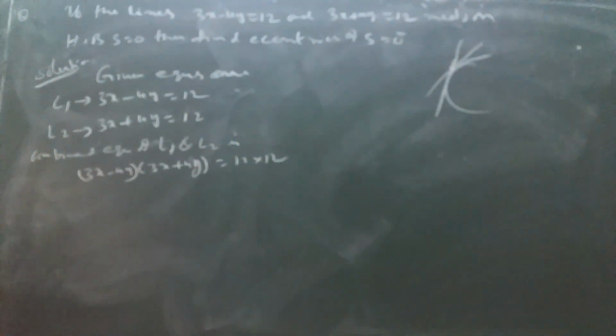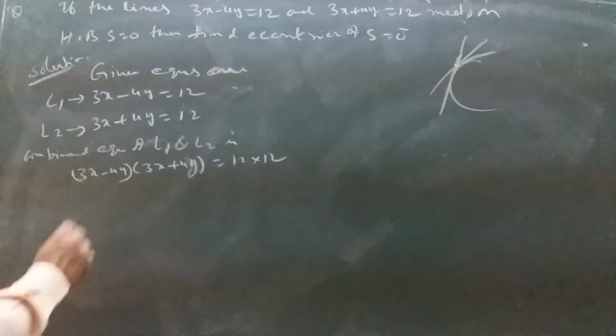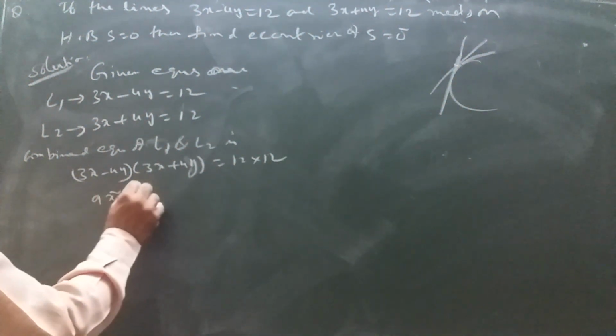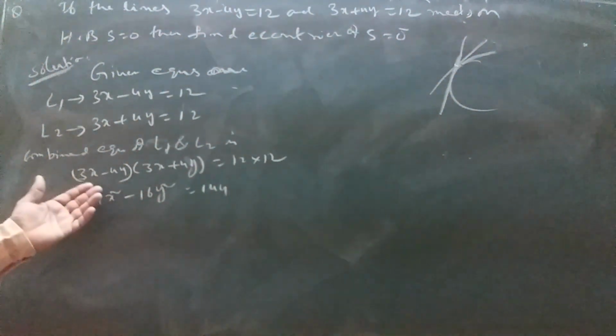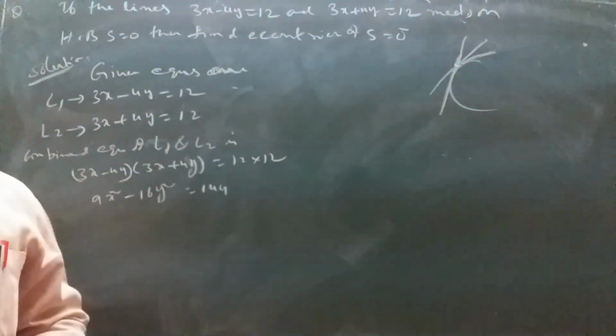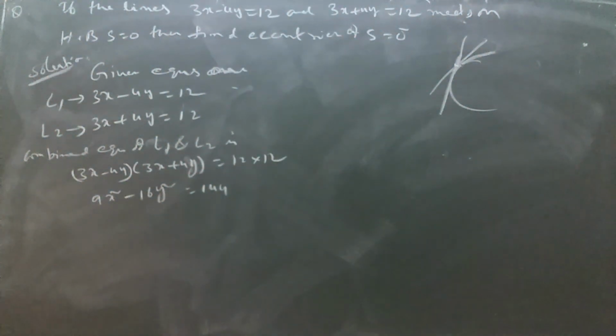into 12. On multiplying these two straight lines, this is 9x square minus 16y square is equal to 144. It is in the (a minus b) into (a plus b) form, so a square minus b square is equal to 144.